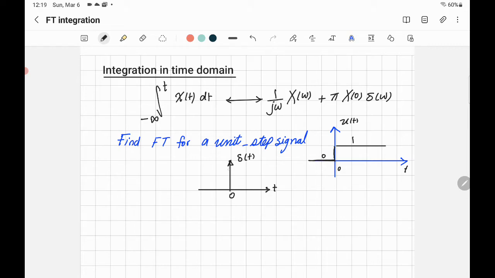We know something about the unit impulse. From negative infinity to infinity, the integration of delta t dt is equal to 1 if you integrate everywhere. If you remember, we approximated the delta as a small rectangle whose area is equal to 1. That's why when you integrate it, it equals 1.